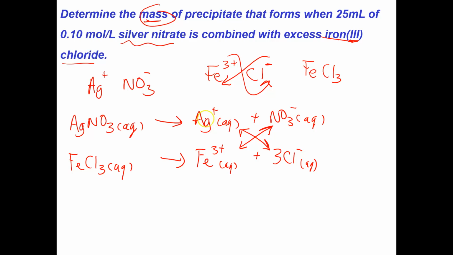However, as we saw previously, when silver ions are combined with chloride ions, they do form a solid. So we know that we're going to form AgCl solid. And how do we know that there's one of each ion? Well, Ag+ and chloride ions have equal and opposite charges.